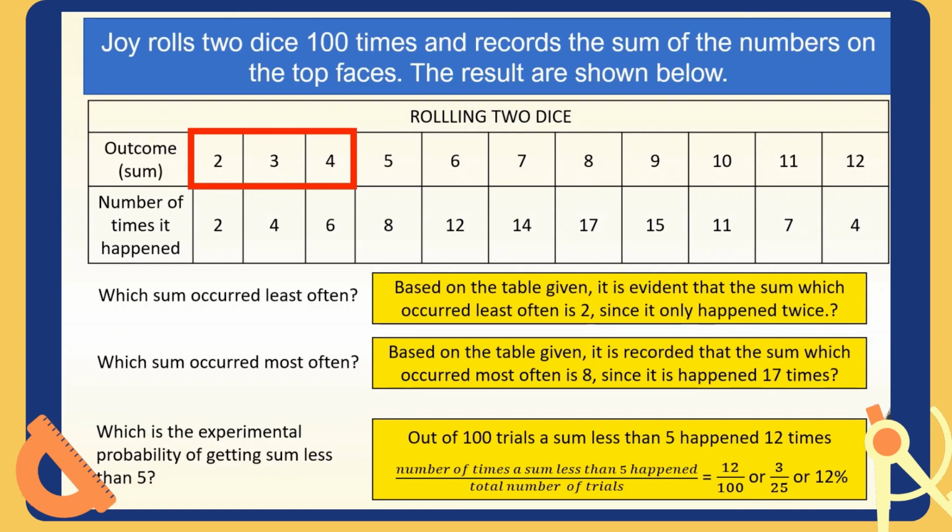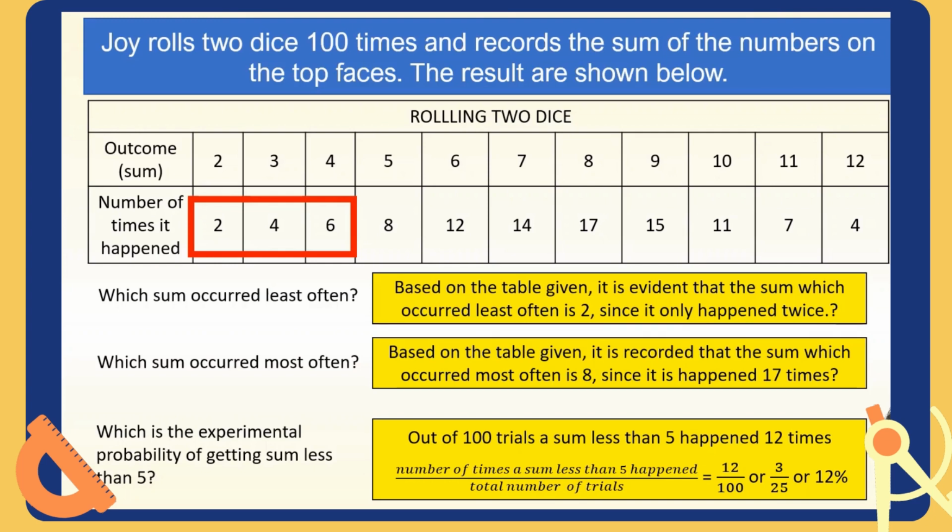At ilang trials ito ginawa? Ito, that is 12. So the number of times sum less than 5 happen is 12 over the total number of trials na 100. So, 12 over 100. Or, pag sinimplify natin ito, ito ay 3 over 25. Paano nakuha? I-divide natin yung 12 sa 4, that is 3.